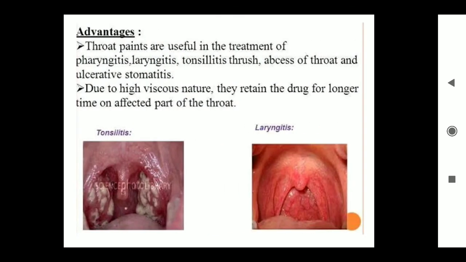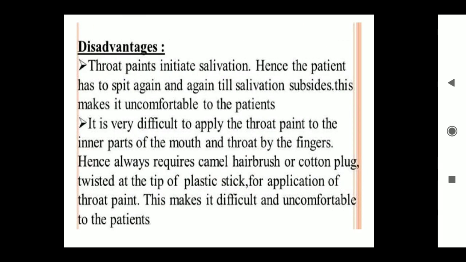Throat paints are most commonly used for treatment of pharyngitis, laryngitis, tonsillitis, abscess of the throat and ulcerative stomatitis. Due to the high concentration of glycerin, they are viscous in nature and retain the drug for a longer time on the affected area. Disadvantages: throat paints produce salivation, so the patient has to spit again and again till salivation subsides.